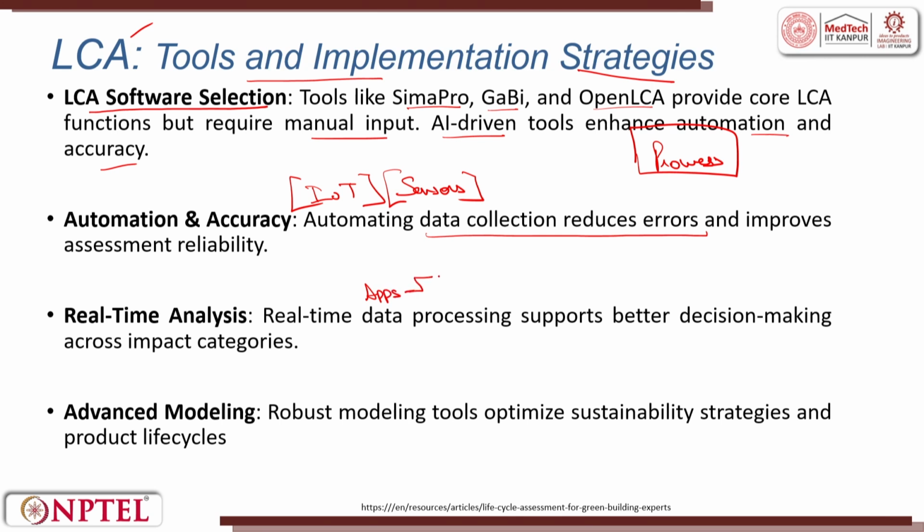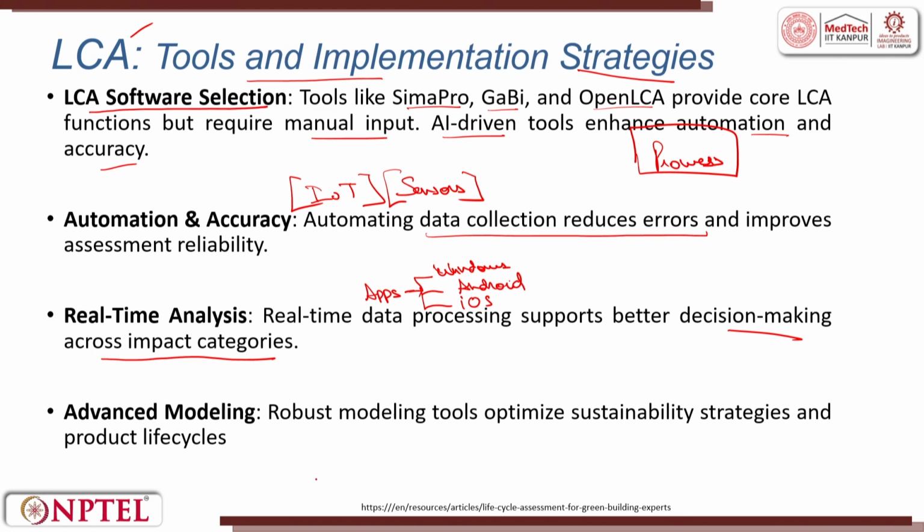That could be Windows apps, Android apps, or iOS apps. These help us to have real-time data processing that supports better decision making across impact categories.